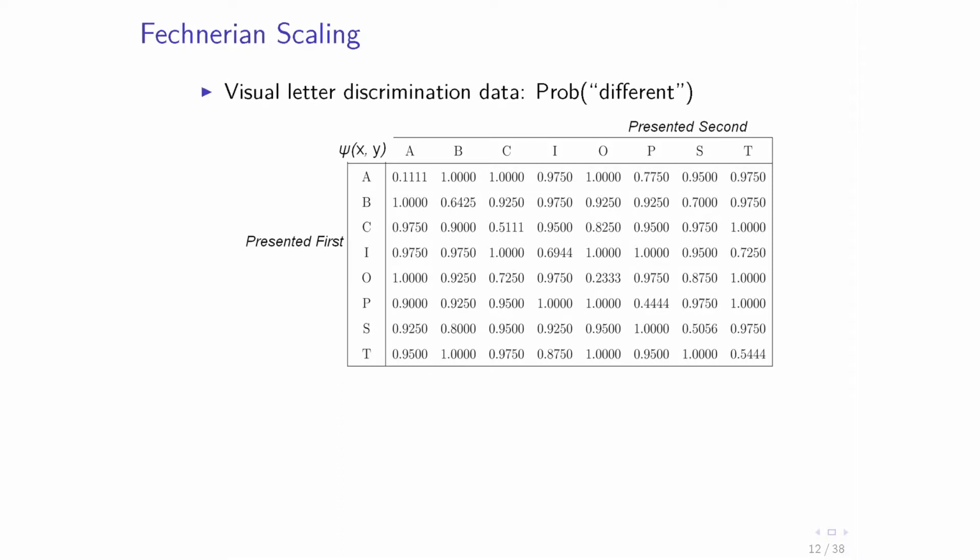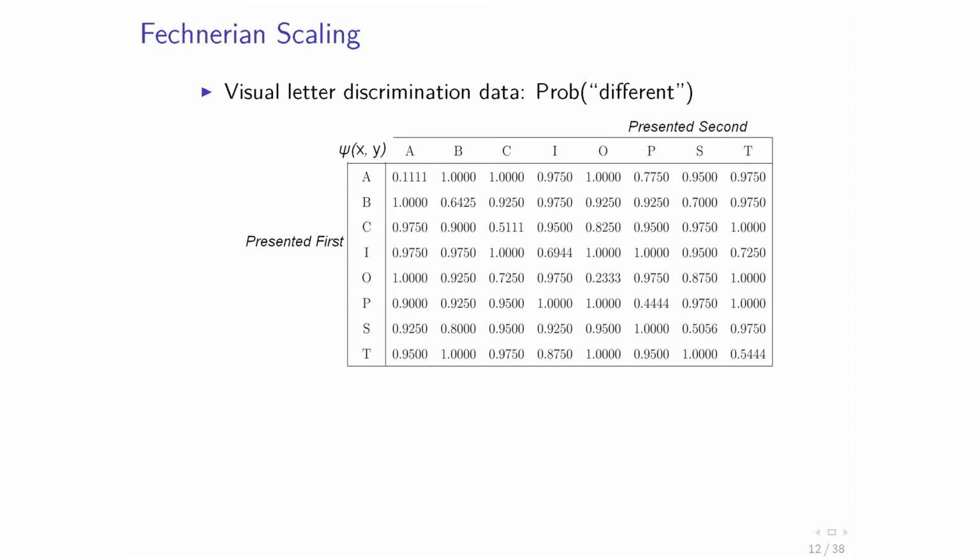Well, what you see here is that the probability to say different when the two stimuli were actually the same, in the main diagonal, is not equal to 0, and it's not even constant over the different stimulus values.